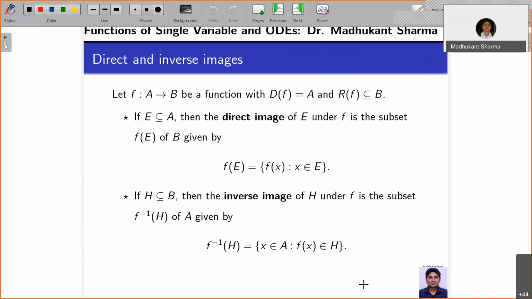Now you can talk about the meaning of direct image or inverse image and so on. So let's see these things also.